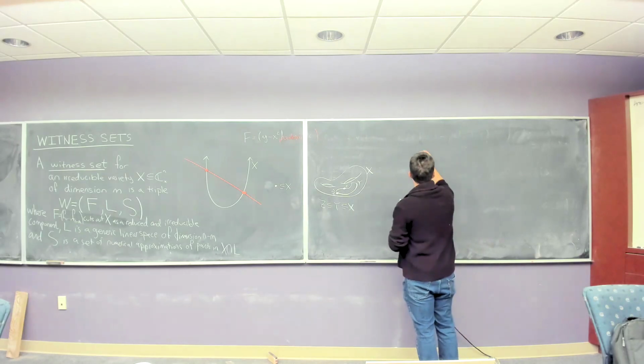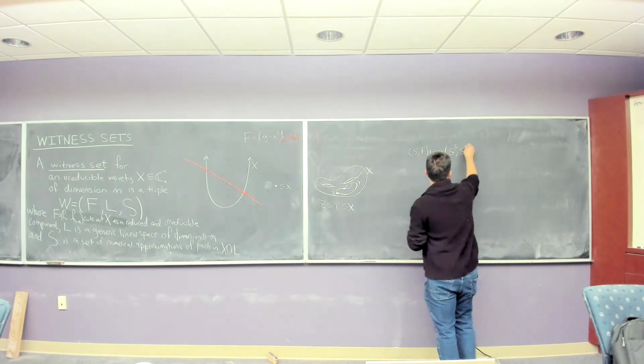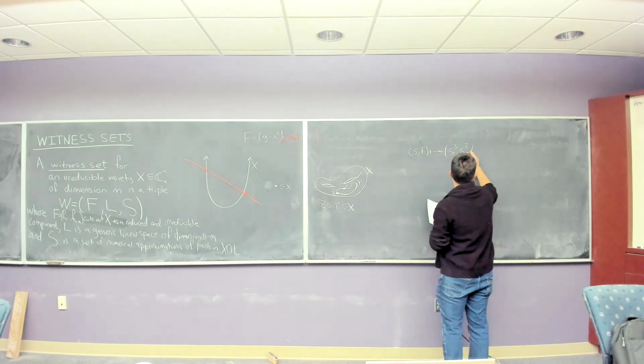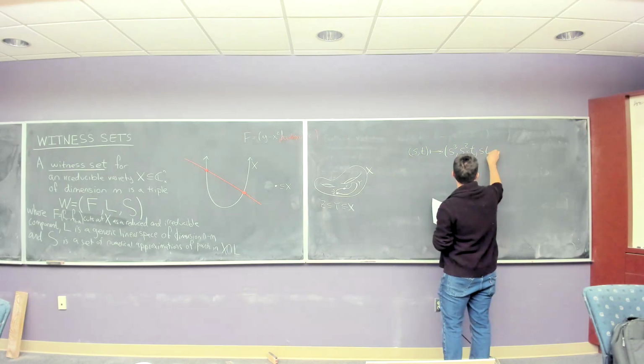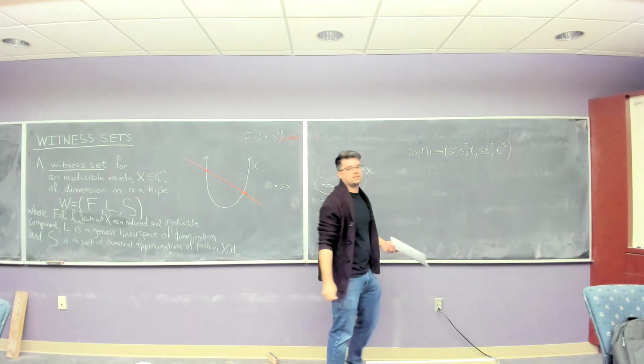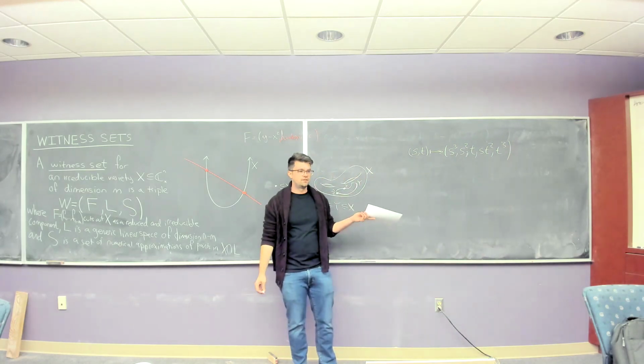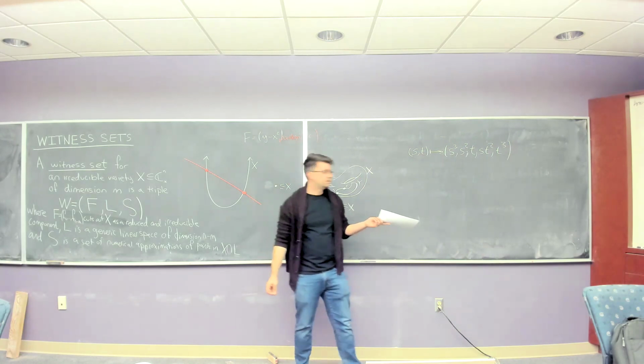Okay. So the standard example is the so-called twisted cubic, and it's the image of this map. And if you take a different computational algebraic geometry class, you learn how to write down the equations for the image of this map.